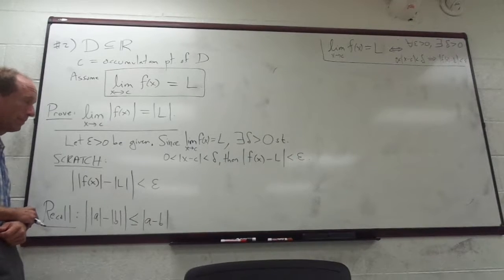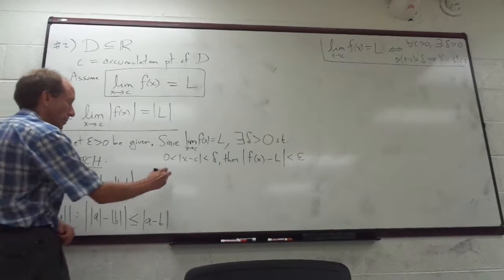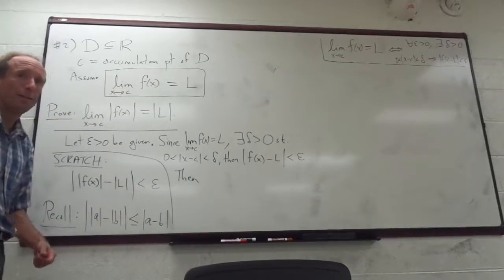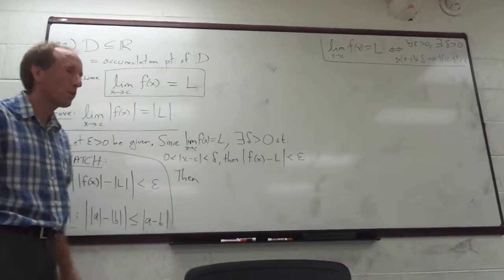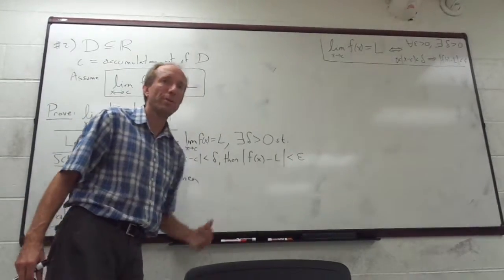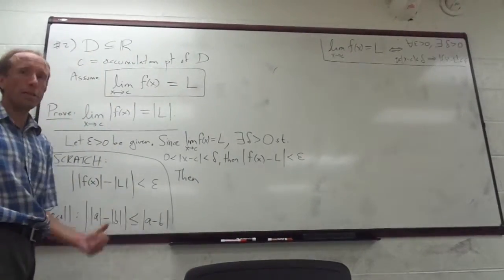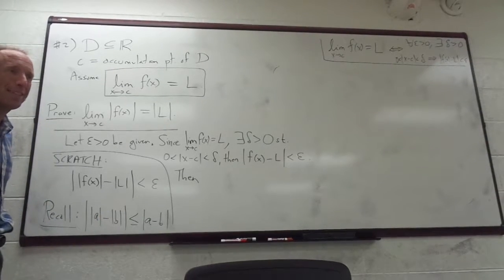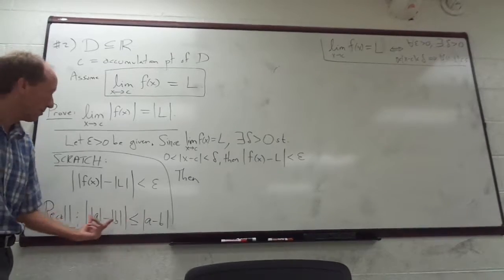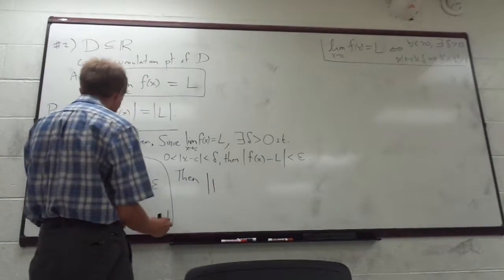So we can rewrite. I don't think I need the scratch work; I'm just going to continue the proof here. We already have our delta that makes this inequality true, and we want this inequality to be true. So do you see it? Just use the second one, exactly.